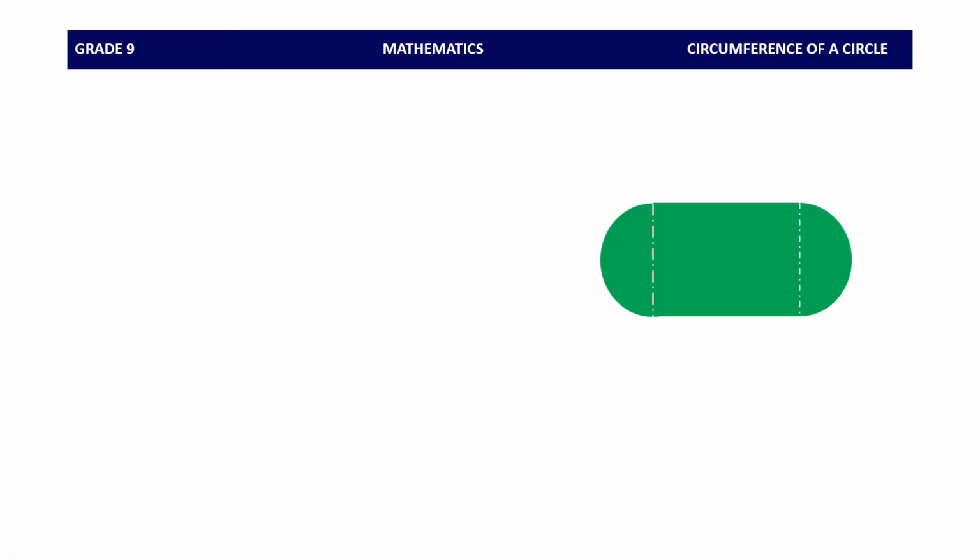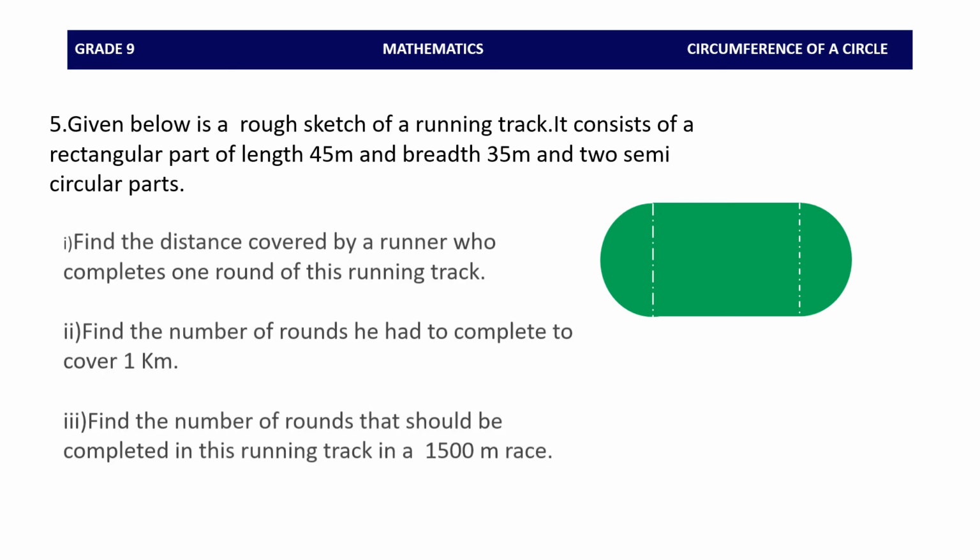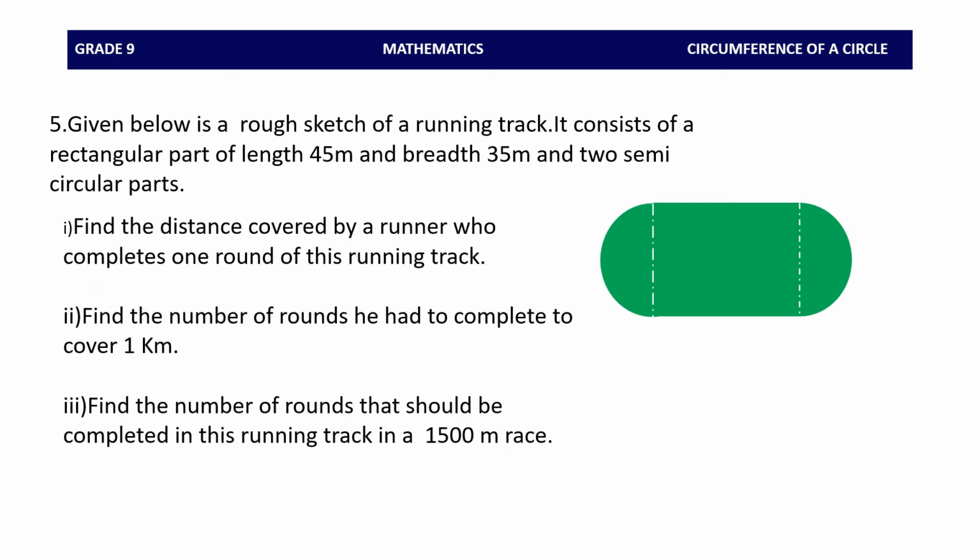Question number 5. Given below is a rough sketch of a running track. It consists of a rectangular part of length 45 meters and breadth 35 meters and two semicircular parts. First part, find the distance covered by a runner who completes one round of this running track.